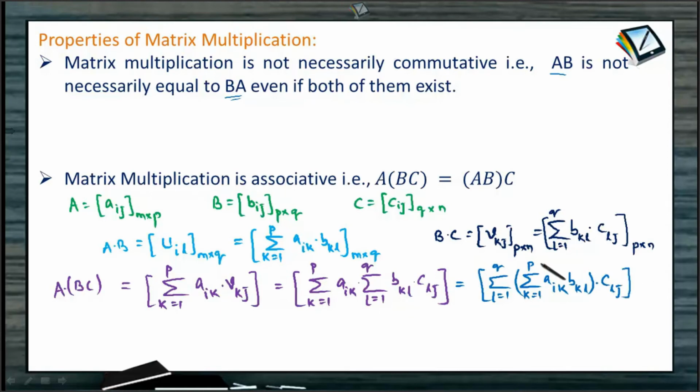Sigma k equal to 1 to p, A_ik into B_kl is the element U_il itself. So we can rewrite this as sigma l from 1 to q, U_il into C_lj, but this U_il denotes an element of A into B. So this is nothing but the matrix product of AB taken with C. So matrix multiplication is associative over three elements A, B and C.